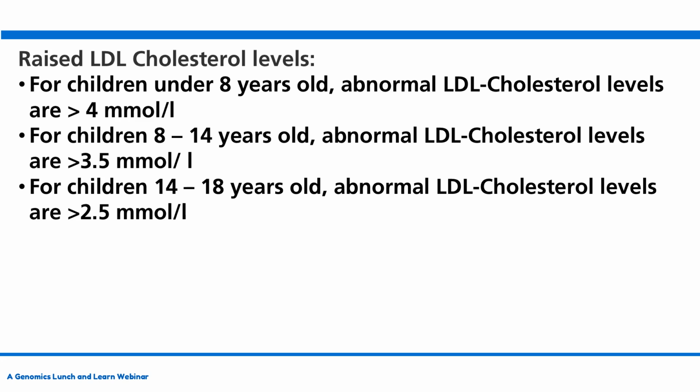So for children who are under the age of 8 years old, an abnormal LDL cholesterol level is anything over 4 millimoles per litre. For children aged 8 to 14 years old, abnormal LDL cholesterol levels are anything over 3.5 millimoles per litre. And then for children aged 14 to 18 years old, abnormal LDL cholesterol levels are anything over 2.5 millimoles per litre.